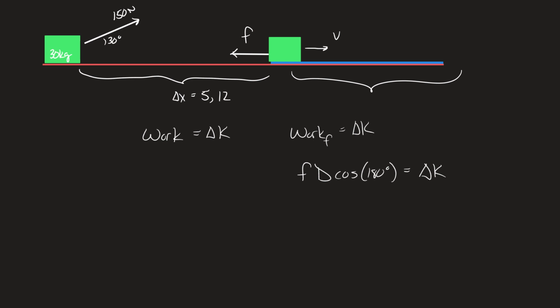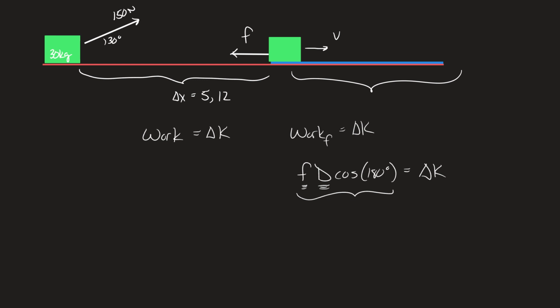Now, we don't know the size of the frictional force, and we don't know how far the box slides. But it didn't ask for either of those. It asked for the work done, right? So I can find the work done two different ways. I can find it by multiplying the force times the displacement times the angle.